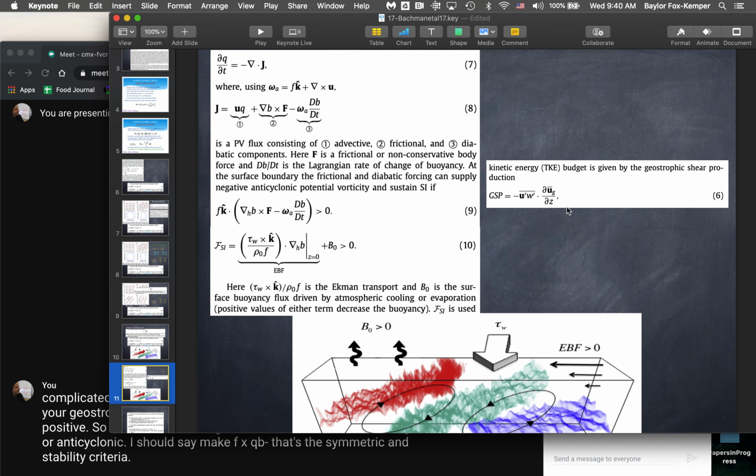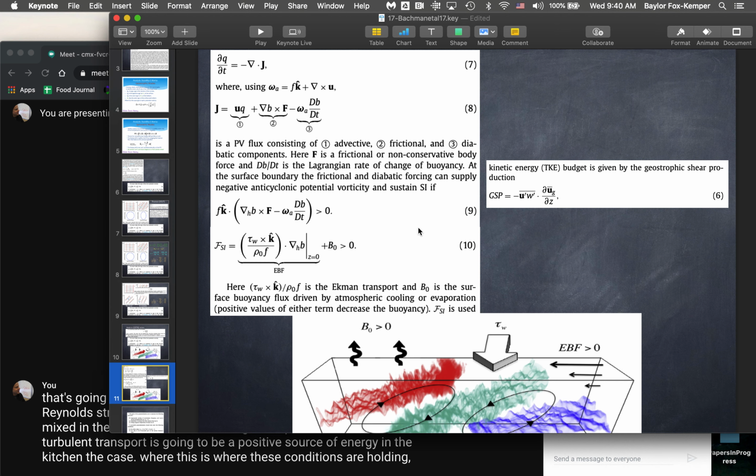Both of these cases are going to tend to drive turbulence, vertical mixing from convective cooling at the surface, or wind-driven shear that's going to make the geostrophic shear production, here's the Reynolds stress and the horizontal momentum of that front being mixed in the vertical, dotted into the geostrophic shear that's there. That turbulent transport is going to be a positive source of energy in the case where these conditions are holding.